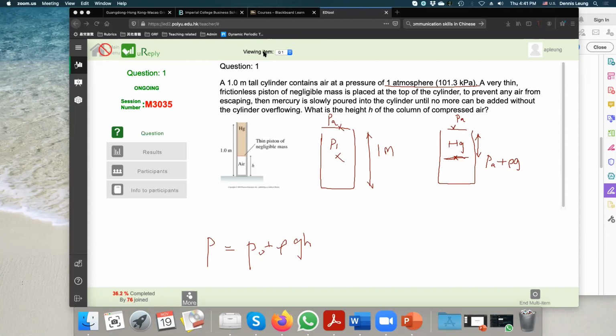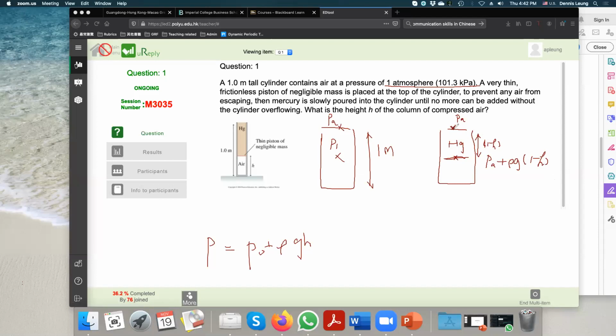Maybe here, it is 1 minus h, 1 meter minus h. Pressure is additive in this case.